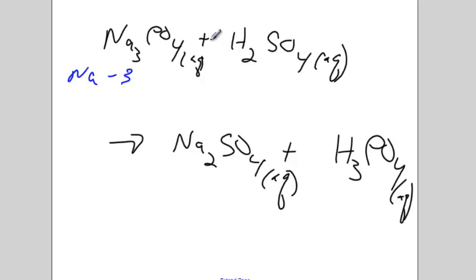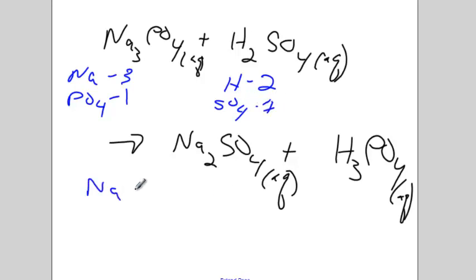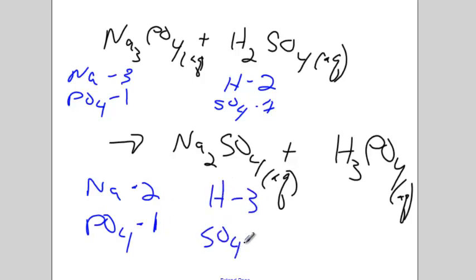You will get confused. Just say PO4. You've got 1 PO4. You've got 2 H's. You've got 1 SO4. On this side, you've got 2 Na's. Let's keep them in the same order so they're easier to deal with. You've got 1 PO4. You've got 3 H's and 1 SO4.